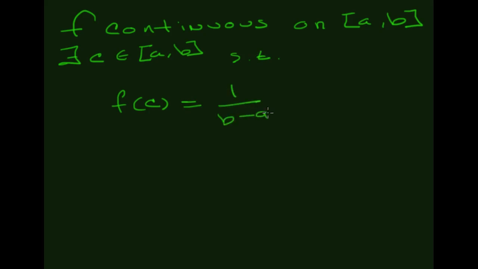So 1 over b minus a times the integral from a to b of f of x dx.